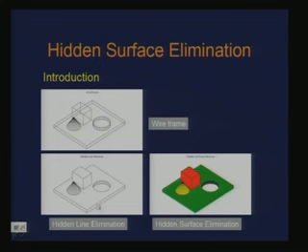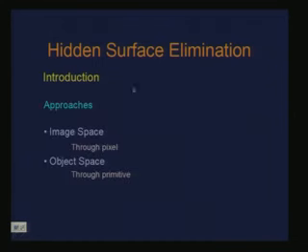We will look into at least one of the methods which refers to hidden line elimination, but majorly we will talk about hidden surface elimination. When we talk about the approaches for hidden surface elimination, one can see it in two ways, depending on how or where you are performing the computation. One is what we call the image based or image space method.